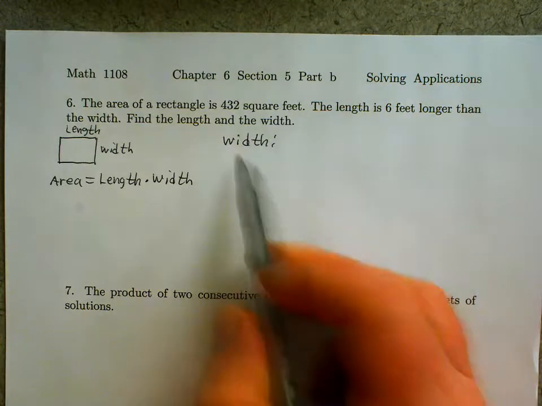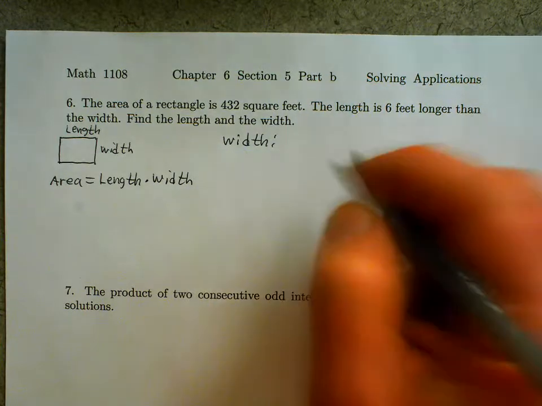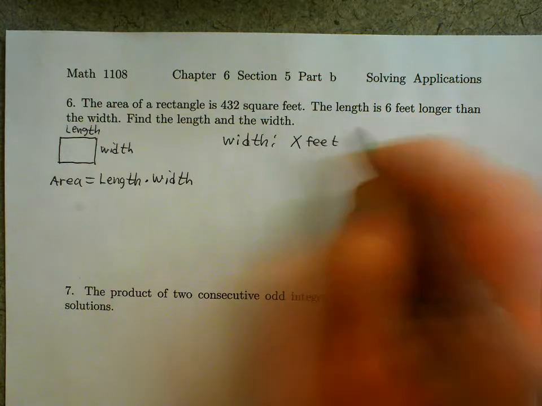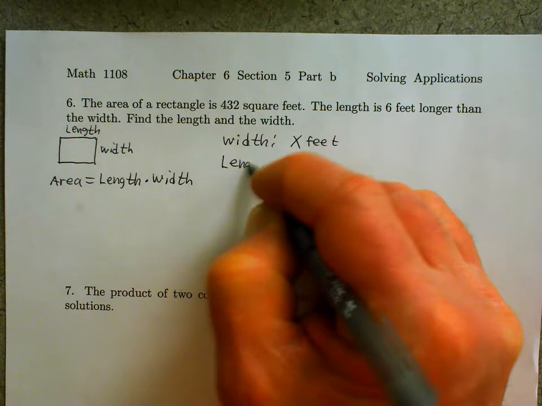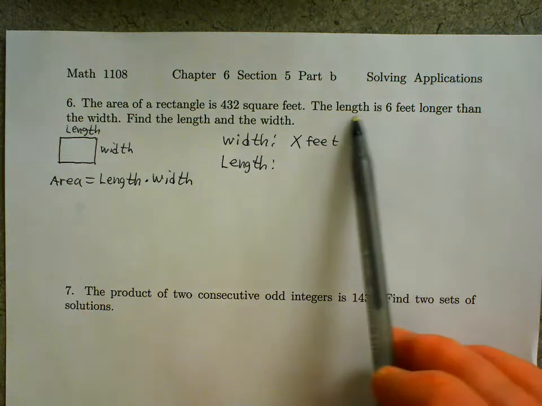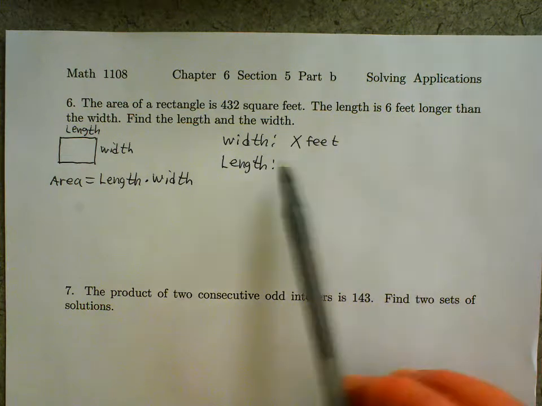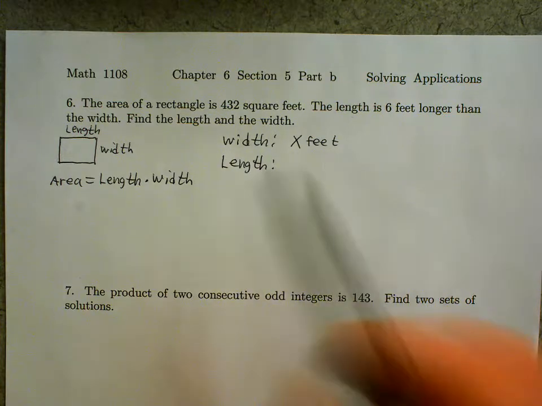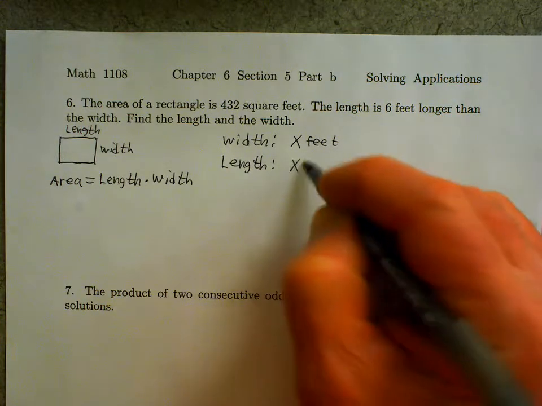Well, if we assign the width to be x feet, then what's the length? We're given that the length is 6 feet longer than the width. So if the width is x feet, then the length is x plus 6 feet.